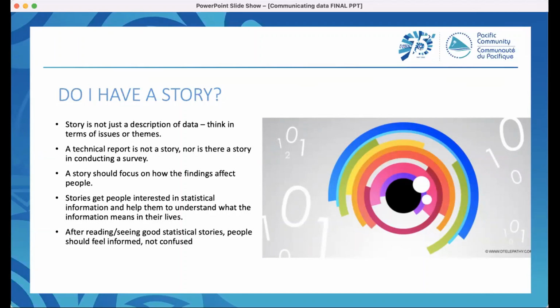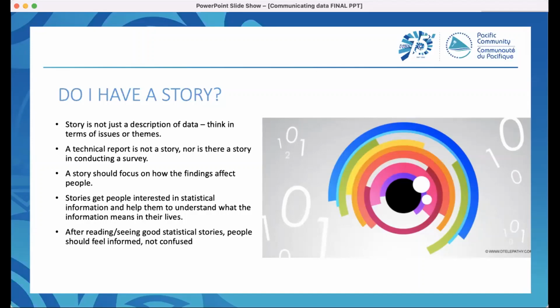A technical report is not a story, nor is there a story in the fact that a survey was conducted. The findings of the survey, however, that's a story. A story should focus on how the findings or the data affect people and what the findings reveal about the state of the world.